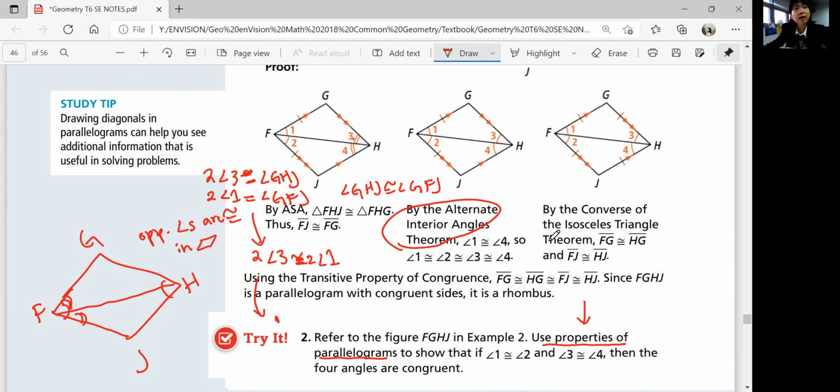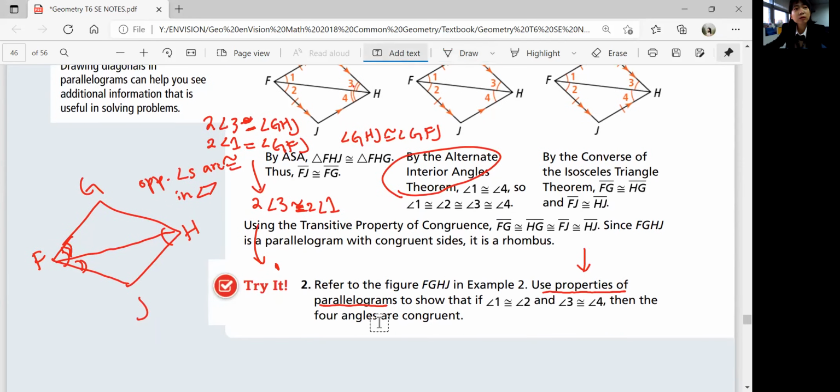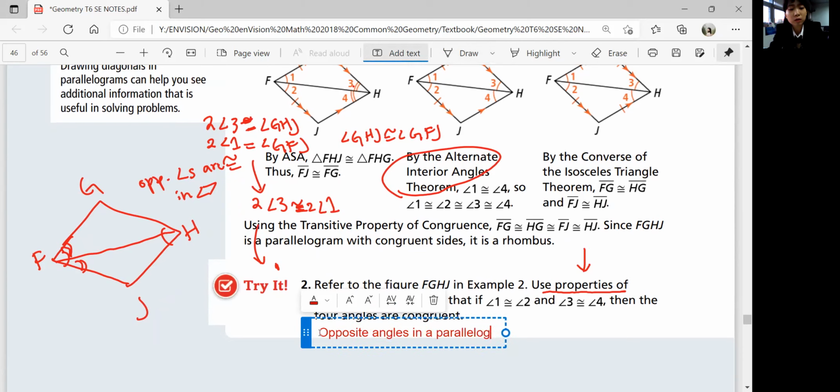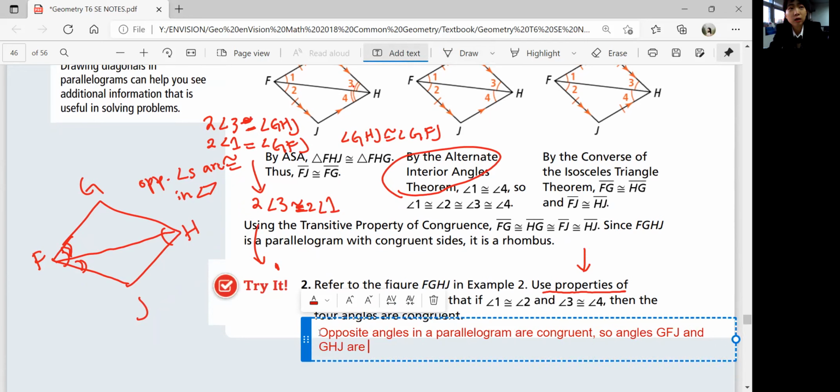So let's summarize that in words and write that down. You can say opposite angles in a parallelogram are congruent. So angles GFJ and GHJ are.